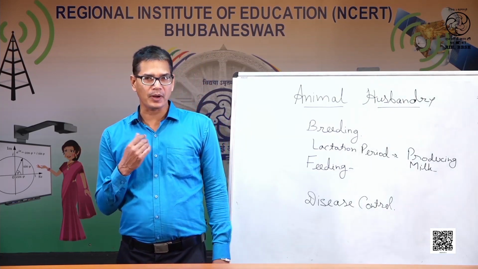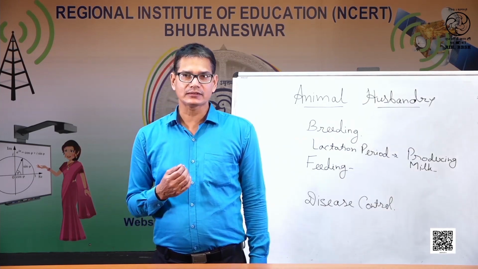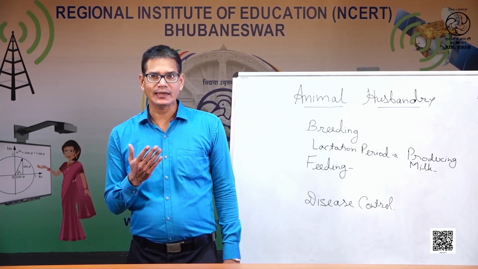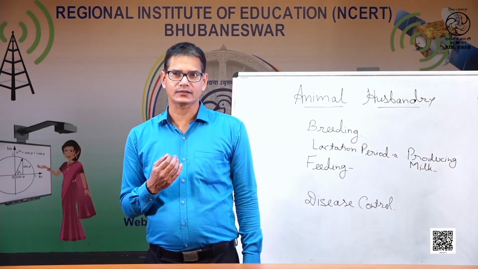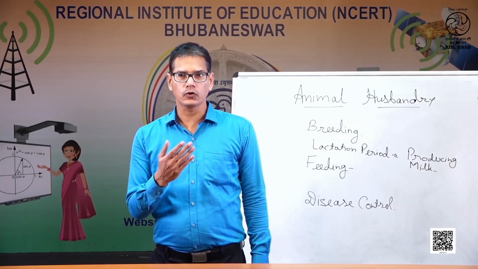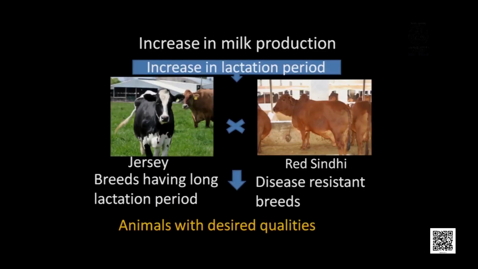Then how can this problem be solved? Actually, some local breeds have excellent resistant capacity. They are resistant to many diseases. Then we can crossbreed foreign breeds with local breeds to get animals with desired qualities. For example, as you can see in the picture, Jersey is a foreign breed.